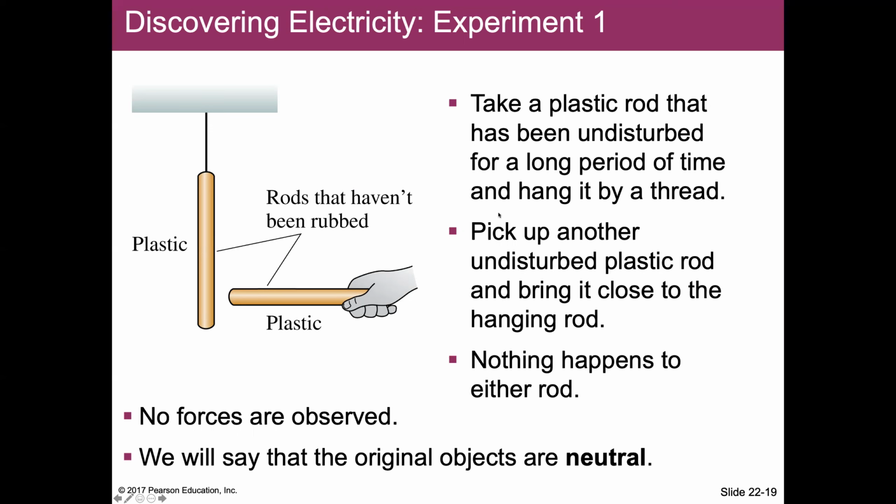Then let's pick up another undisturbed plastic rod and bring it close to the hanging rod. You can imagine what will happen. Nothing will happen. The plastic rod hanging from the ceiling doesn't move at all. That means there's no force between those two plastic rods.